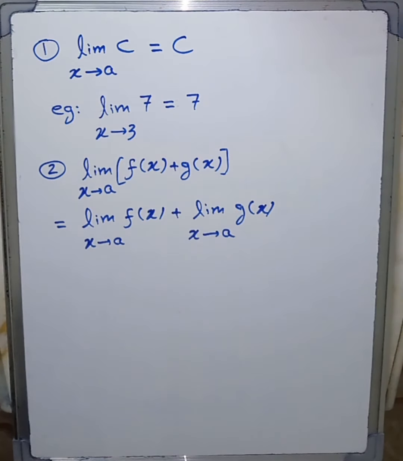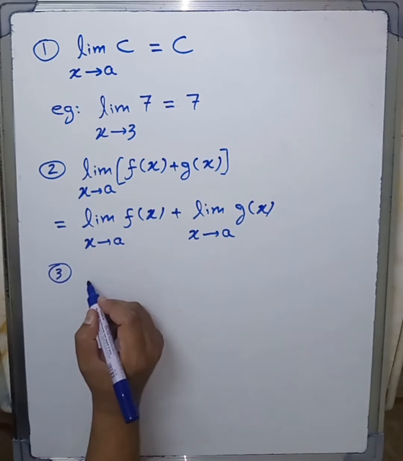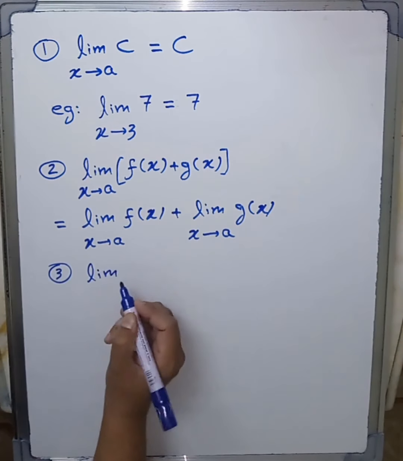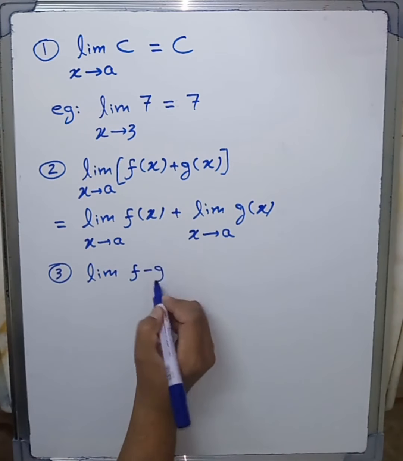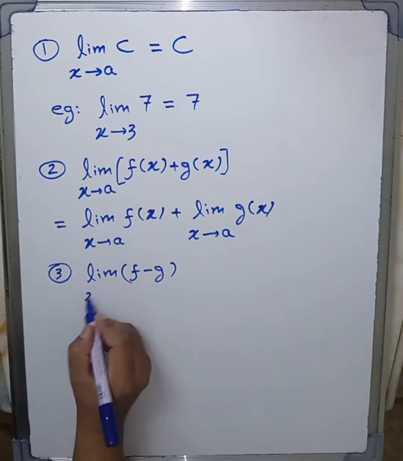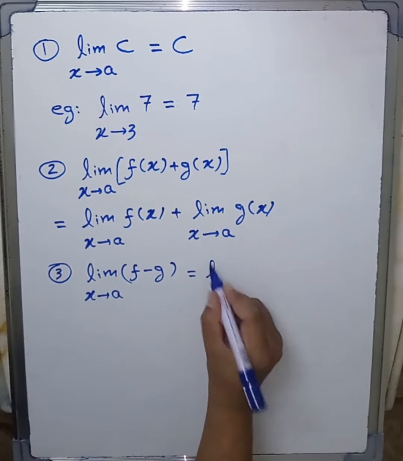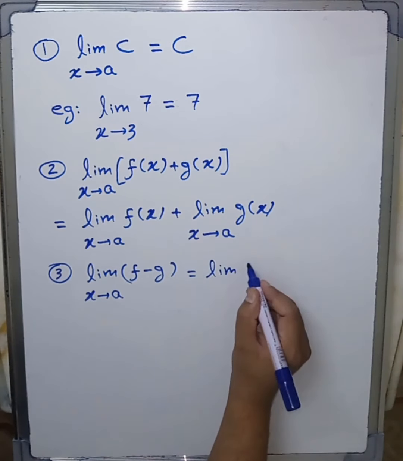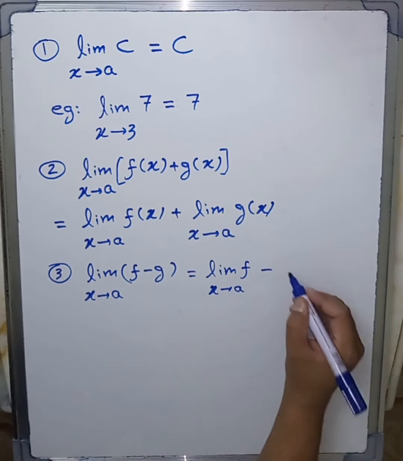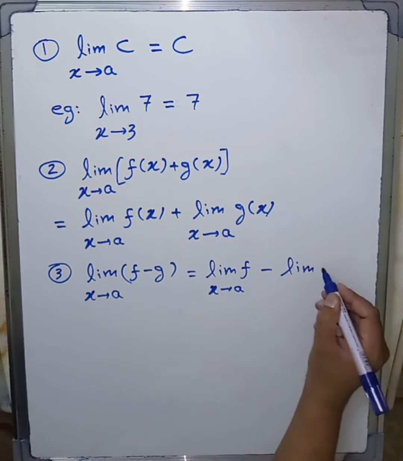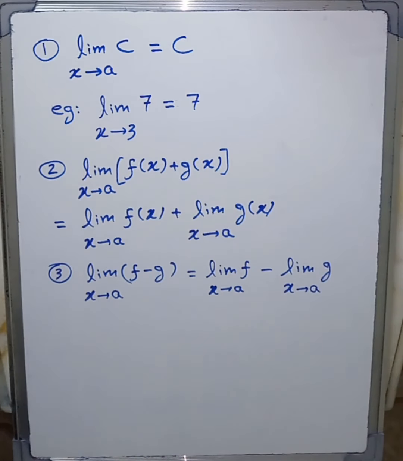So let us write in short. Property number 3: limit of f minus g as x tends to a will be equal to limit of f as x tends to a minus limit of g as x tends to a.